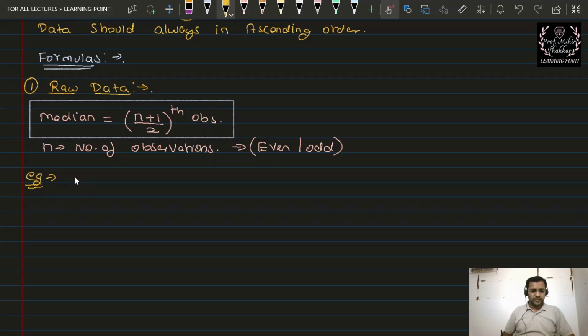Suppose I get a data asking us to find the median for 20, 25, 17, 24, 32, 20.